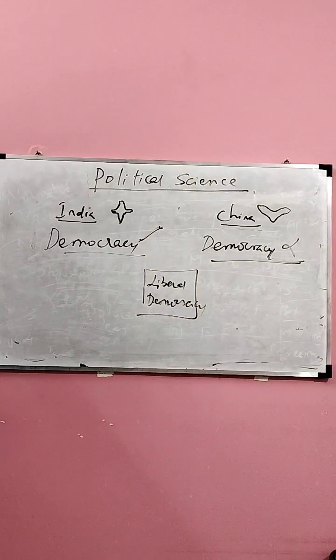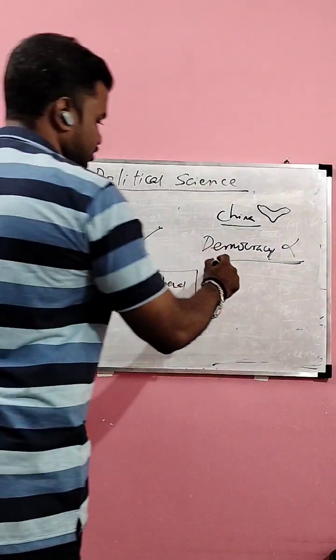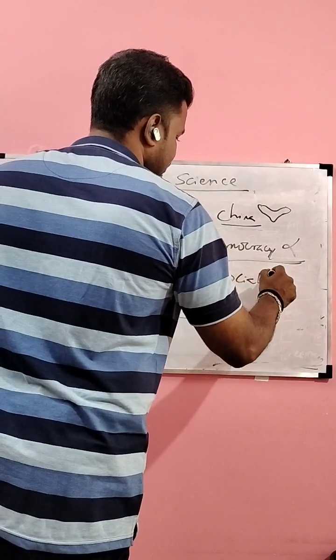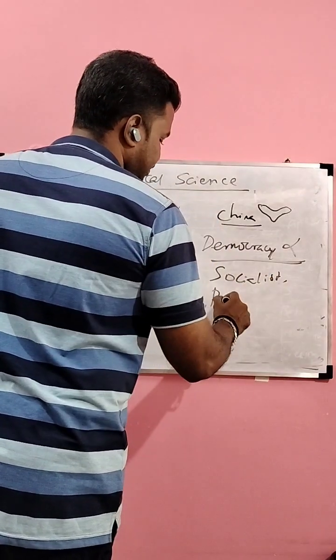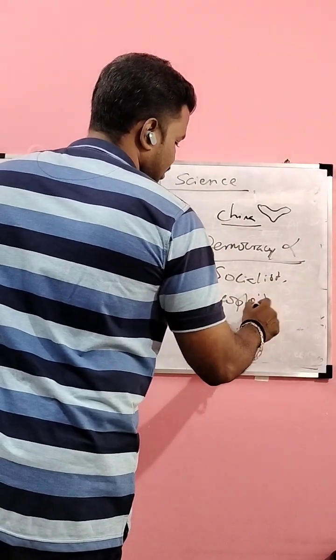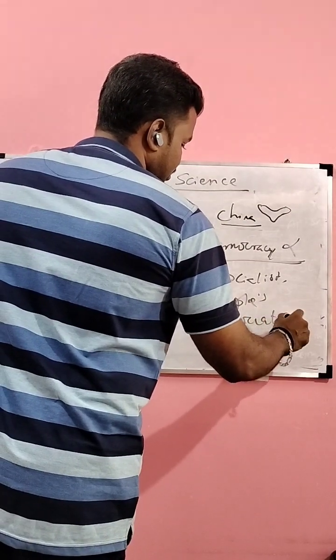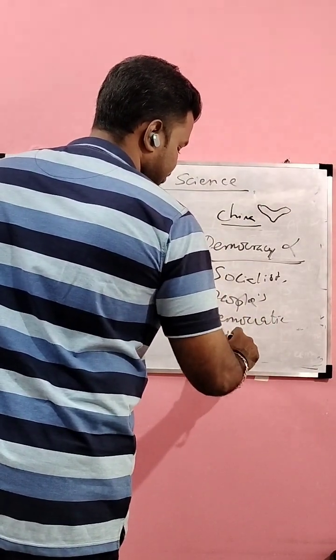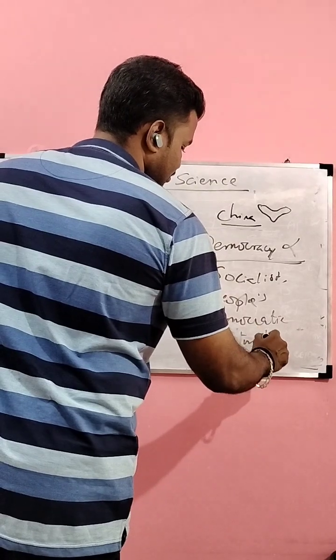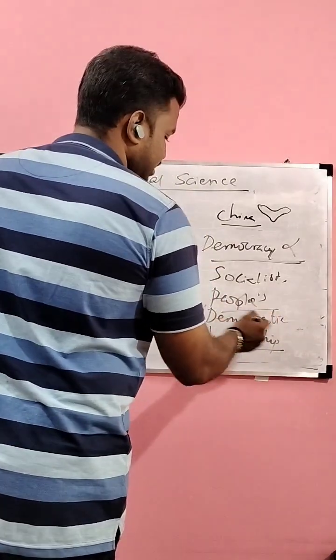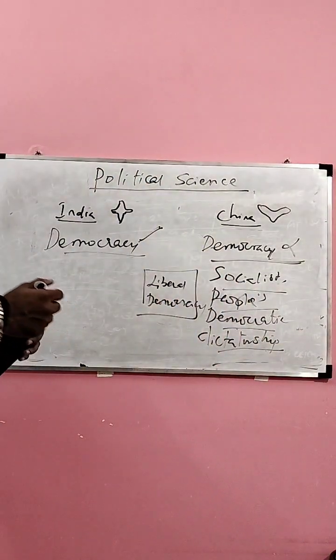But if you look at the constitution of China, China says that it is a socialist state under the people's democratic dictatorship. I have written the important keywords in the Chinese constitution.